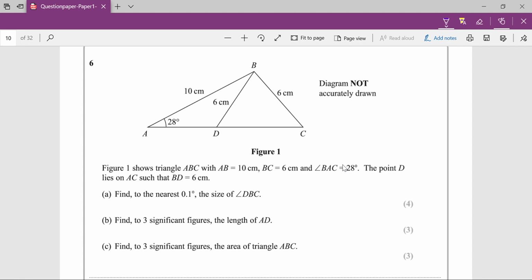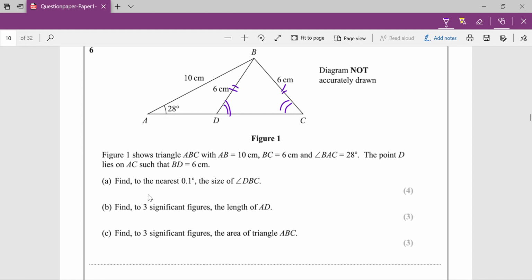The point D lies on AC such that BD is 6 centimeters. Okay, so instantly we know this is an isosceles triangle. Don't know how that's going to help us yet, but it's something we do know, and it might be useful later. So, find to the nearest 1/10 of a degree the size of angle DBC.